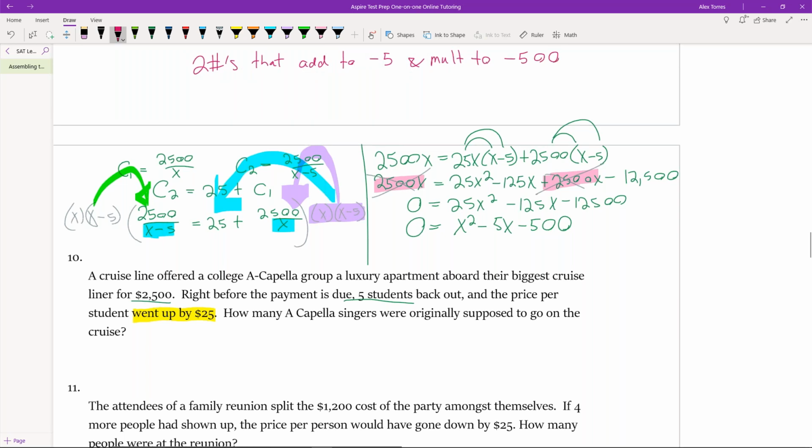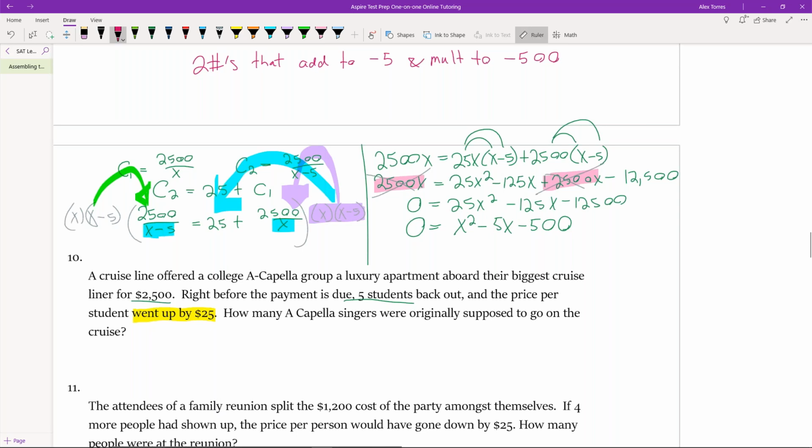Now, if it's a complicated set like 5 and 500, you want to start with the multiplication first, because there are actually an infinite number of pairs of integers that can add to negative 5. Any pair of integers where one is 5 more than the other, or 5 less than the other, will add to negative 5.